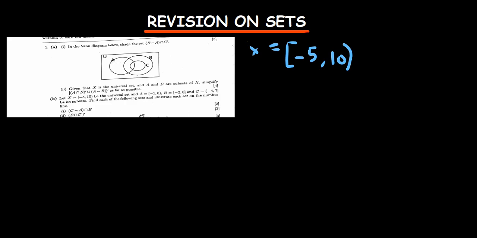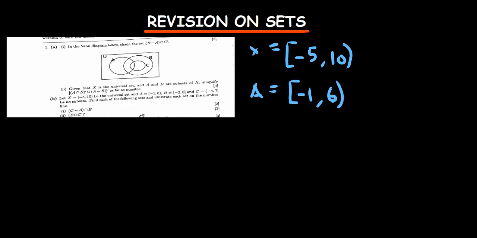Then we've been given A, which is the interval from negative 1, closed, comma 6, so it is open at the end of A.